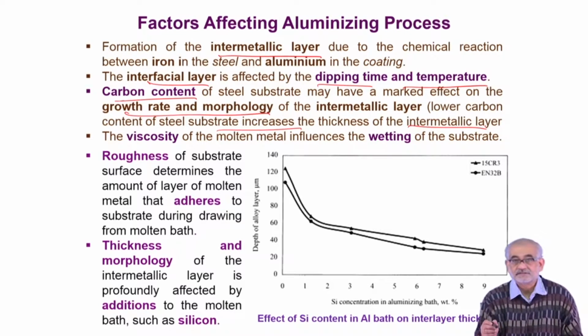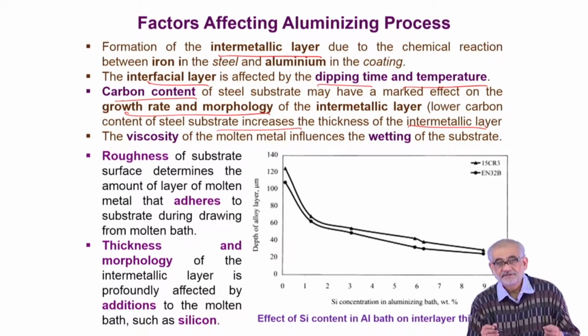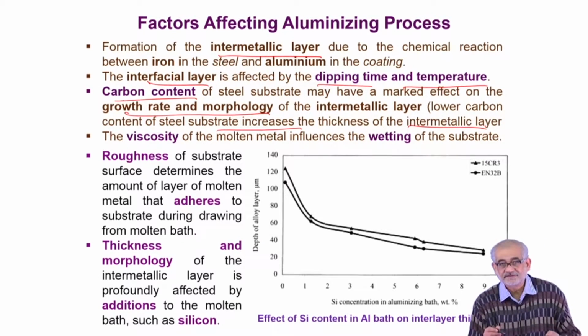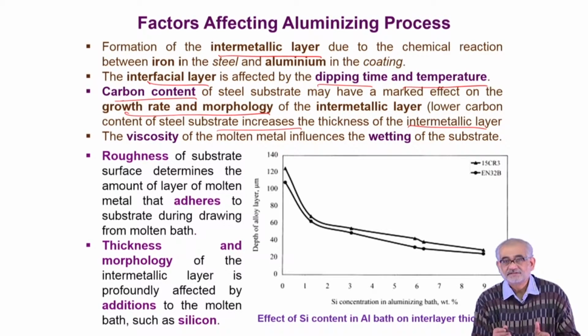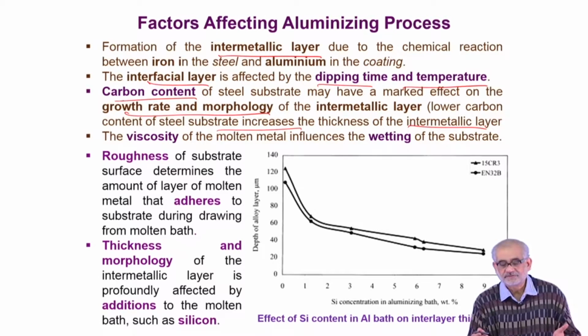That means ingression of aluminum faces less difficulty to diffuse in if the carbon content of the steel is low. But if the steel contains a lot of atoms in the interstitial positions like carbon, then the surface is already stressed, and further diffusion of aluminum actually will be more difficult.